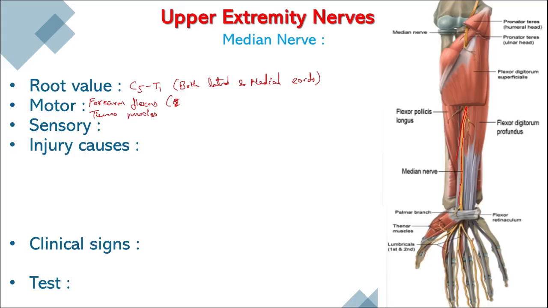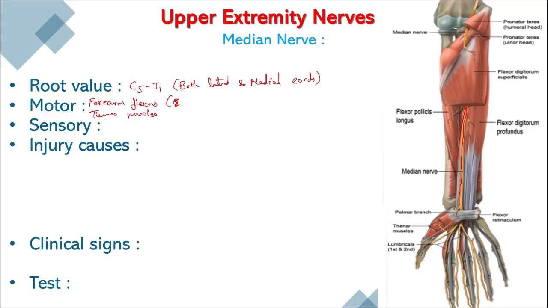In the thenar muscles, we can think about lumbricals, opponens, abductors and flexor pollicis brevis. These muscles we can see in our hand, and they are innervated by the median nerve.